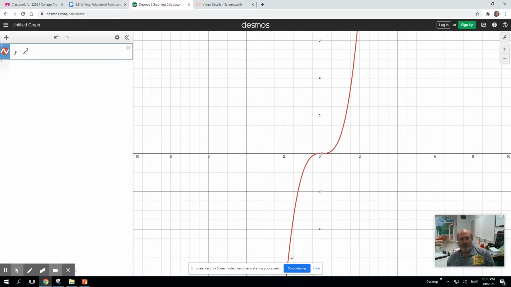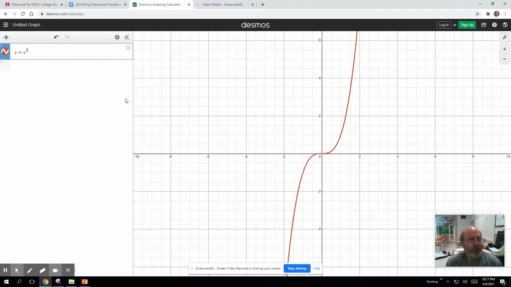Notice the end behavior: as you go to the left, as x goes to negative infinity, the y values go to negative infinity. And as you go to the right, as x goes to positive infinity, the y values go up forever to positive infinity. So this is an odd degree polynomial, and the leading coefficient is just 1.